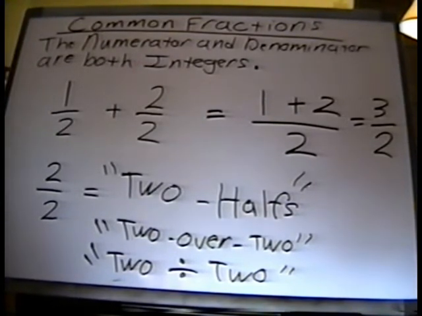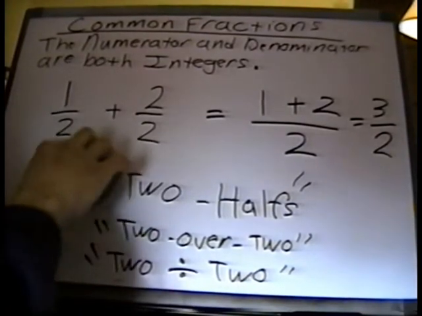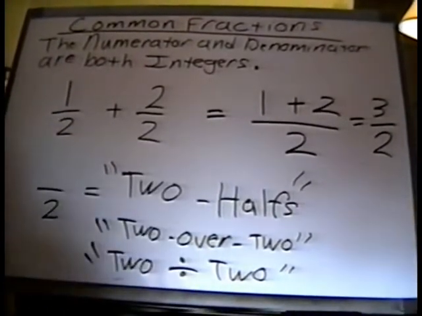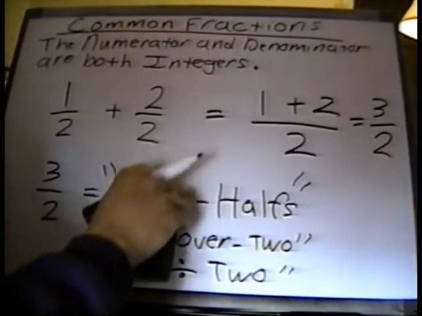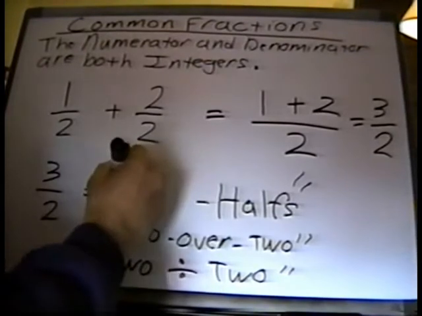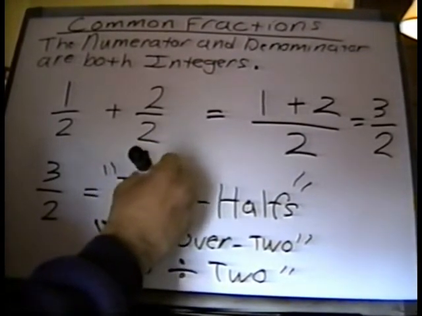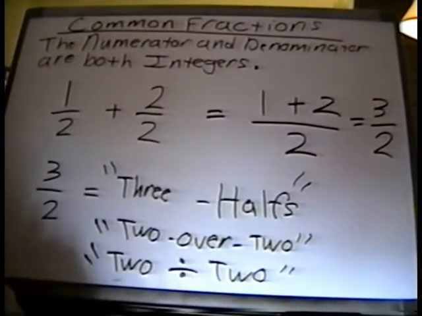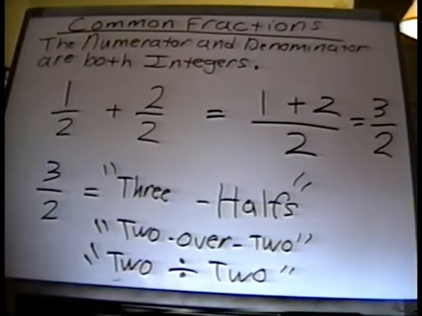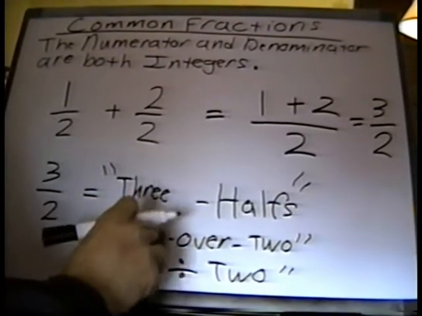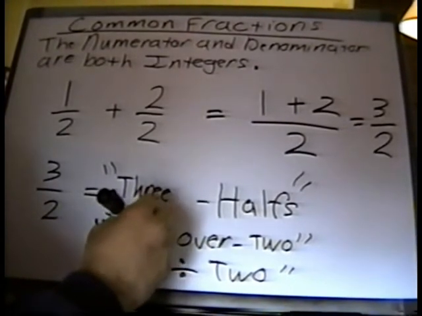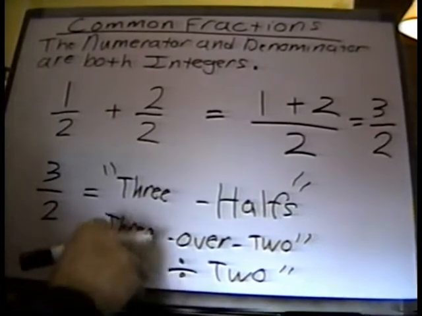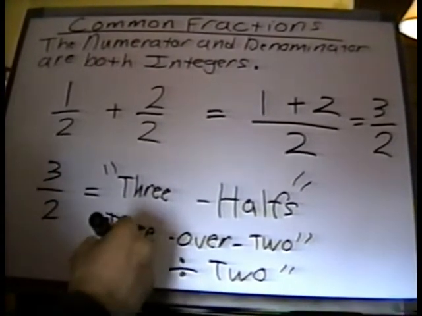The 2/2 also is equal to 1/2. Now we get to 3/2. Three halves. 3/2. And 3 divided by 2.